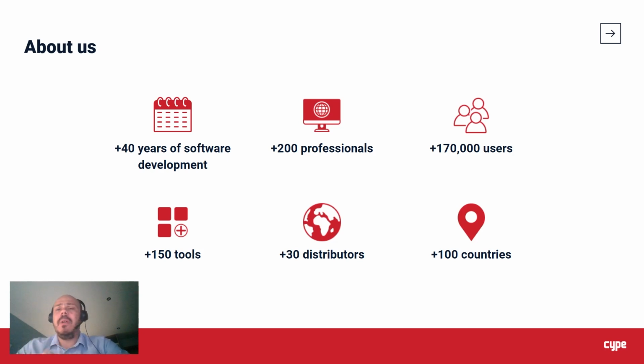Our portfolio nowadays has around 150 different tools. Most of them are Open BIM tools, which means that they import or export IFC files or other formats that are standard files. And the software is sold using a network of more than 30 distributors around the globe.